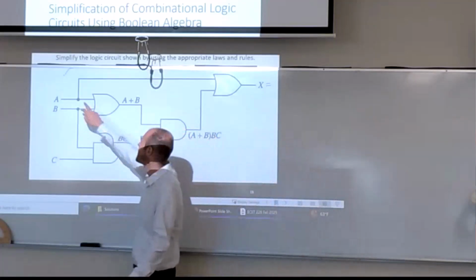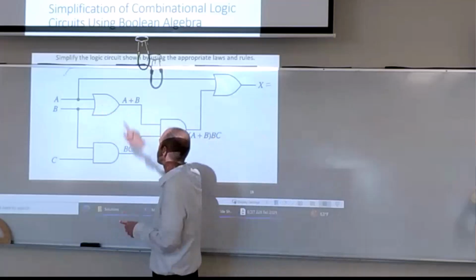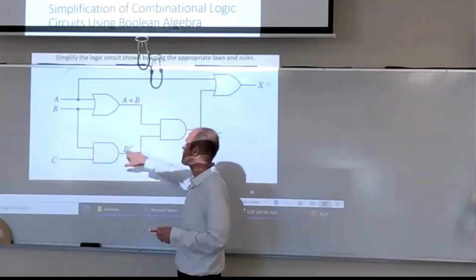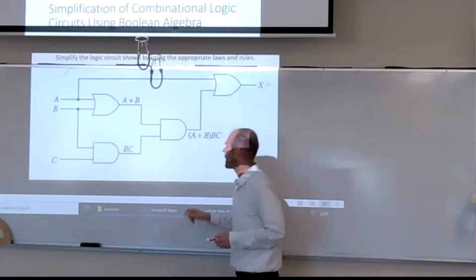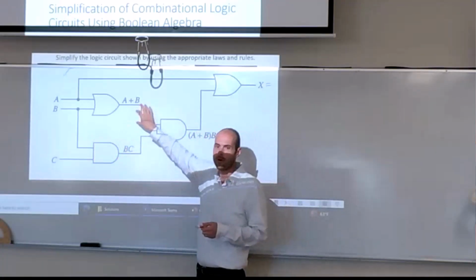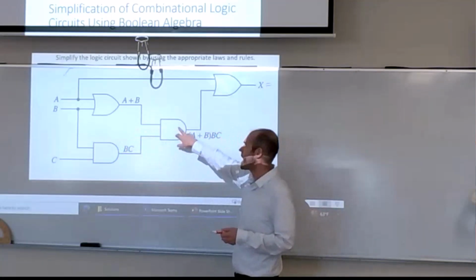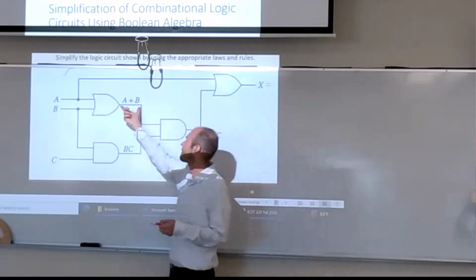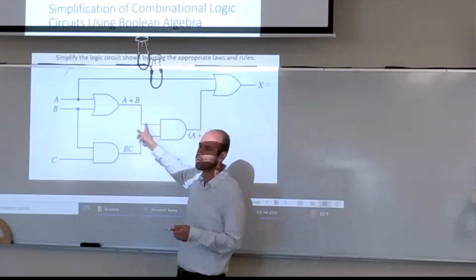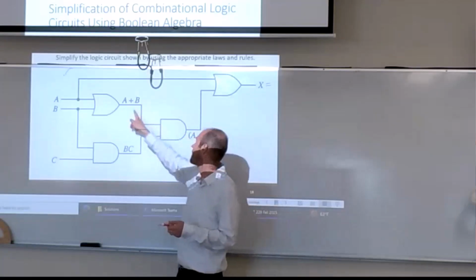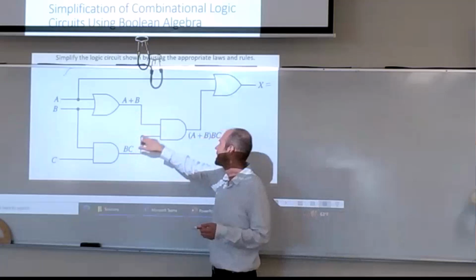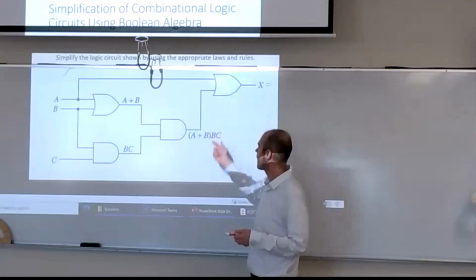You can see A and B going through an OR gate gives us A or B. B and C going to an AND gate gives us BC. And I'm just writing those at the output of each logic gate. So then we AND those two items together. We have the quantity that's all coming into one input, so we know that's the same quantity, A or B. And then we have BC on this end right here.